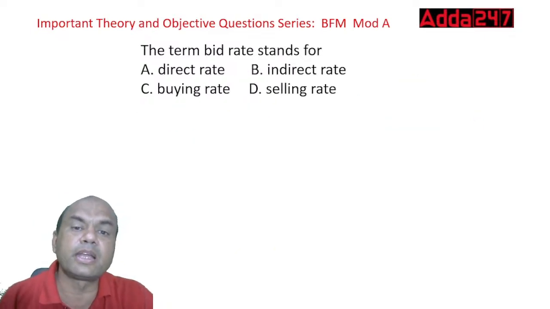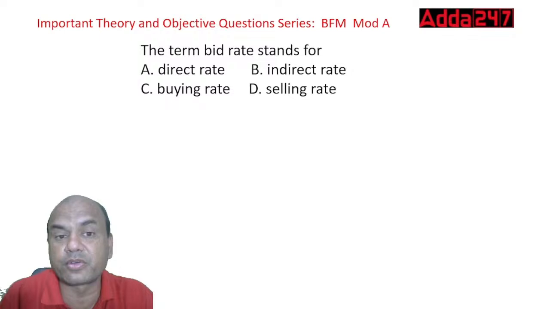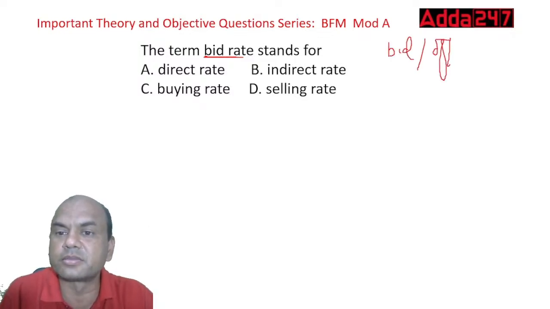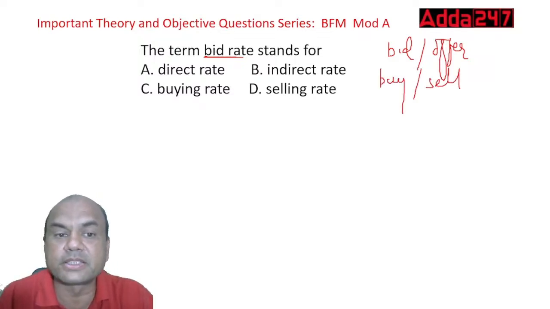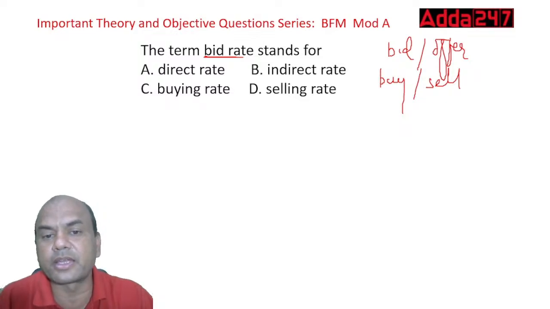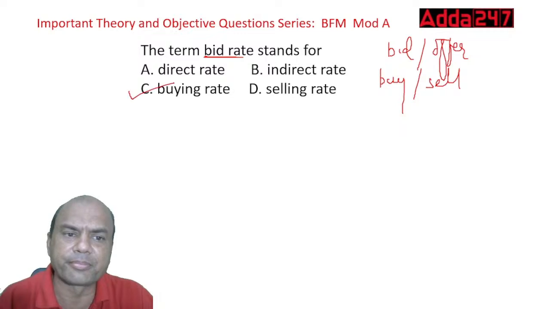The term bid rate stands for bid. Bid means what? Bid offer, bid offer. So you call it buy and sell. So bid stands for buying. It stands for the buying rate.